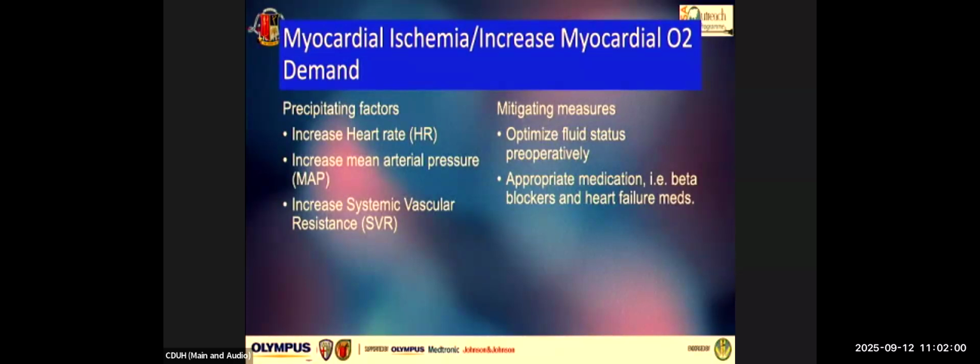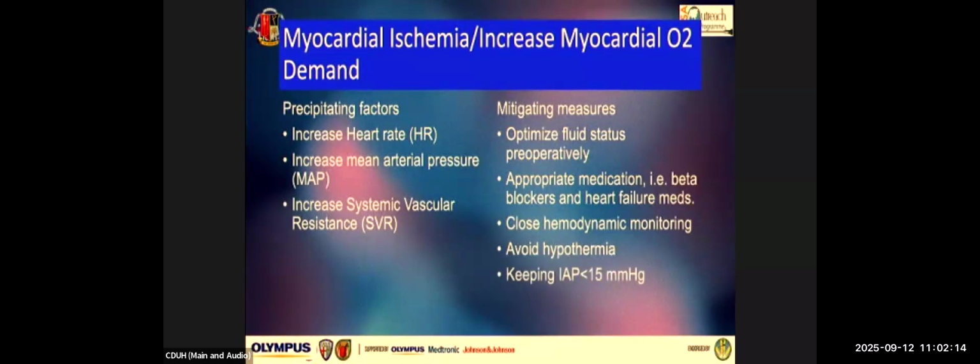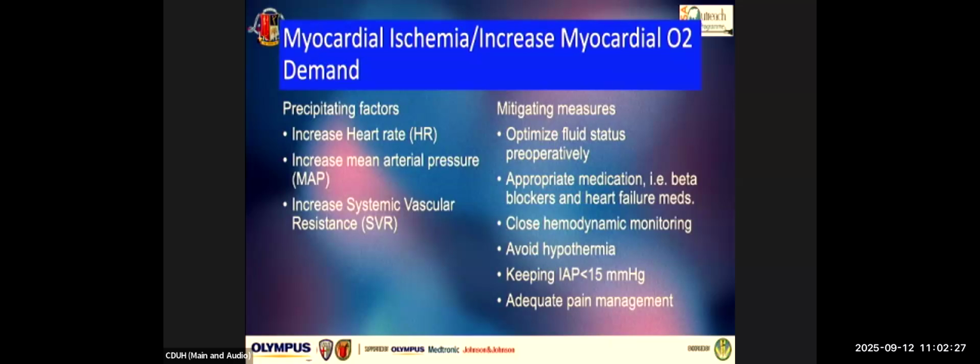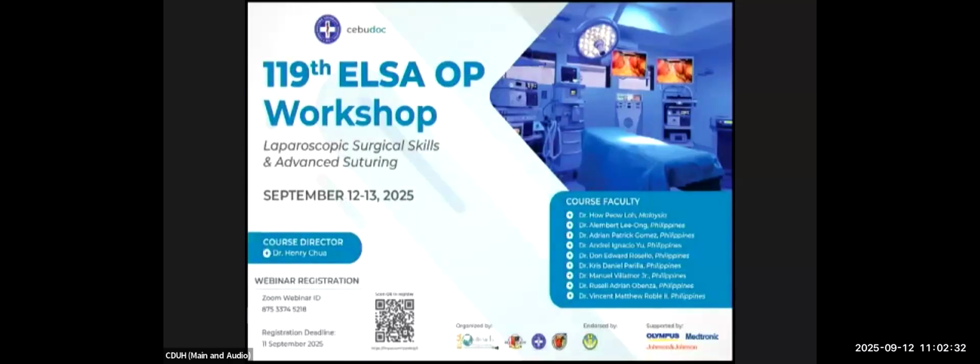Appropriate medications like beta blockers and other heart failure meds may be prepared and used when necessary. Close hemodynamic monitoring is employed, along with control of body temperature to avoid the effects of hypothermia. Bearing in mind the effects of pneumoperitoneum on hemodynamics, the pressure should be set at less than 15 millimeters mercury with low flow rates. And postoperative pain management should be excellent as well.